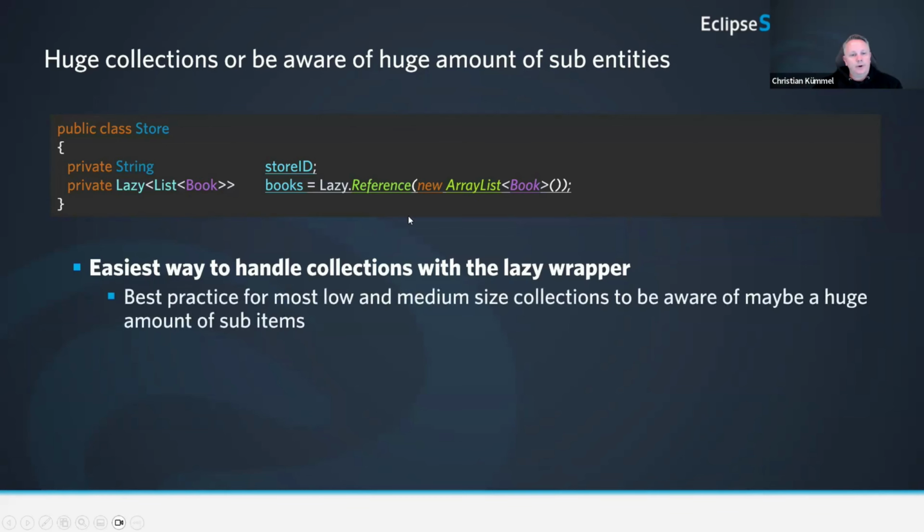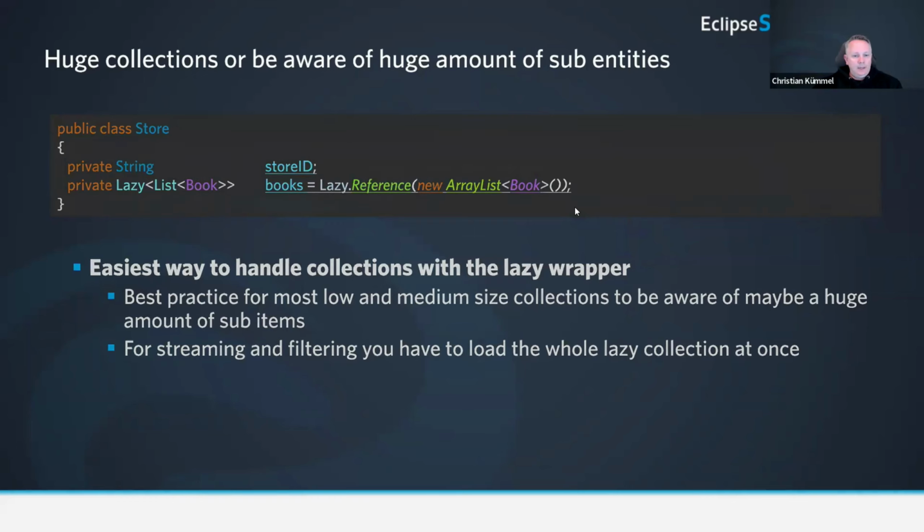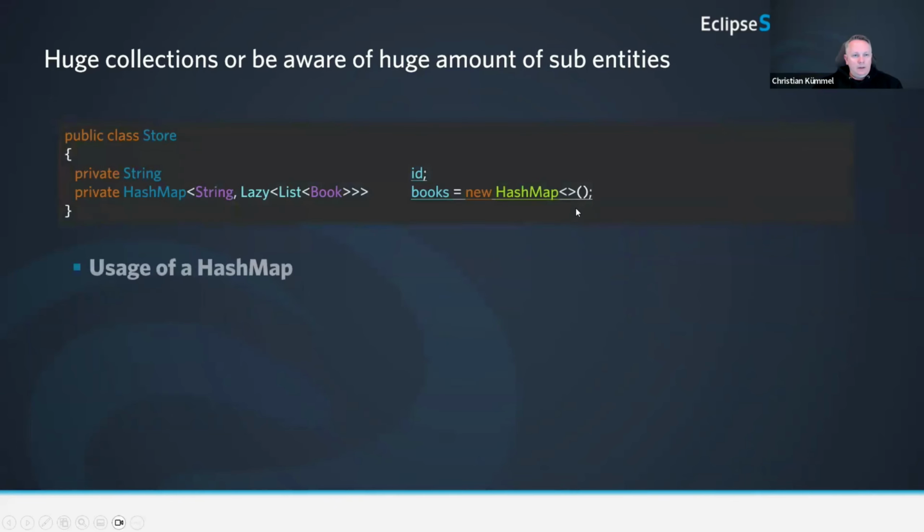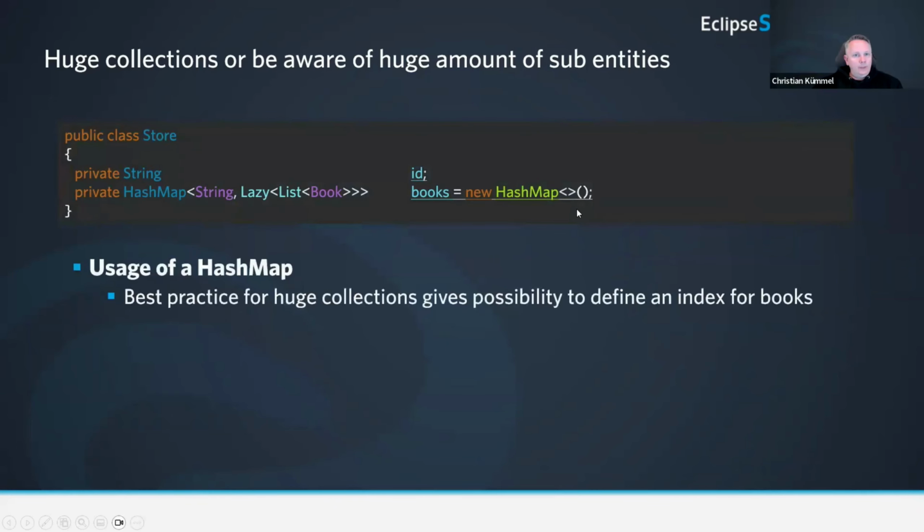But the interesting part is how to instantiate it. So Lazy.Reference, and then you have to add the new ArrayList of books. So this is the way to instantiate. In my opinion, this is a great opportunity, having this on another side.